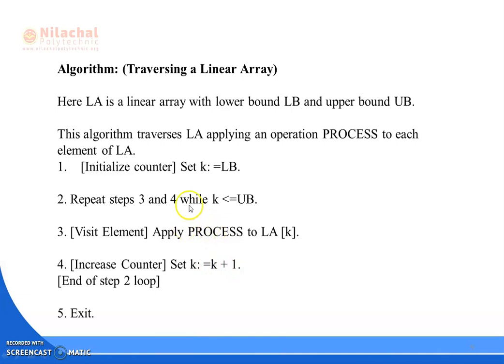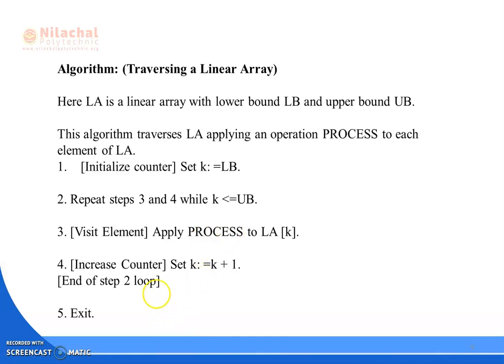First it was the lower bound, next it will go to the next index position, then it will be checked with the upper bound. Again we will apply any process on LA of k. Then again it will be increased by 1, compared with the upper bound, and that position will be processed.